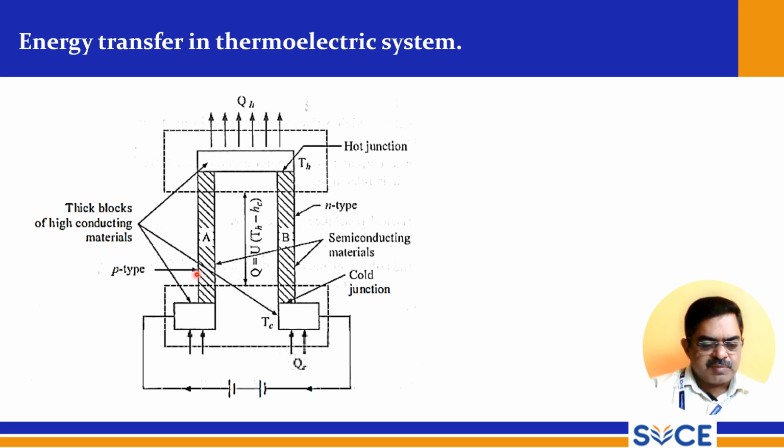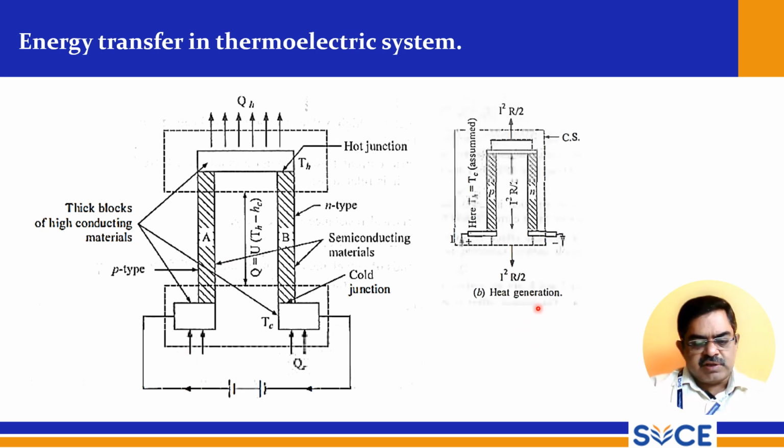This is the P type semiconductor material and this is the N type semiconductor material. Tc is the cold temperature, Qc is the heat absorbed, and QH is the heat released. This is how the thermoelectric effect takes place.